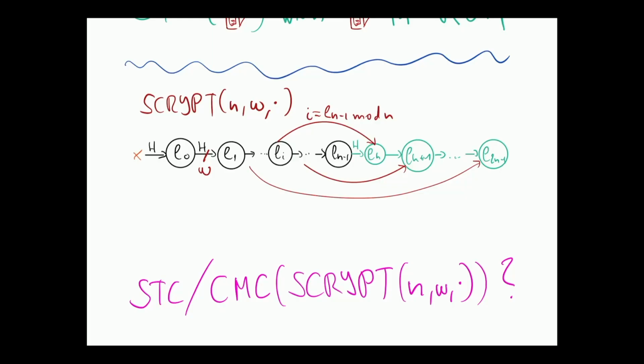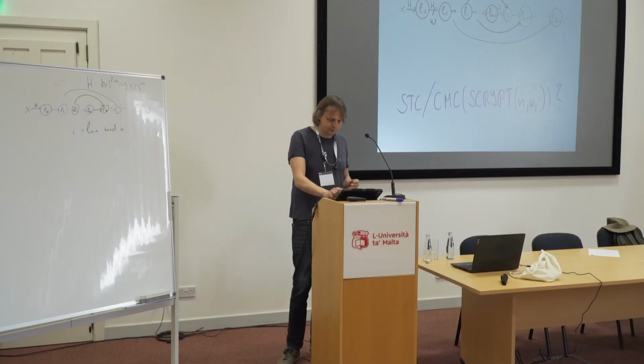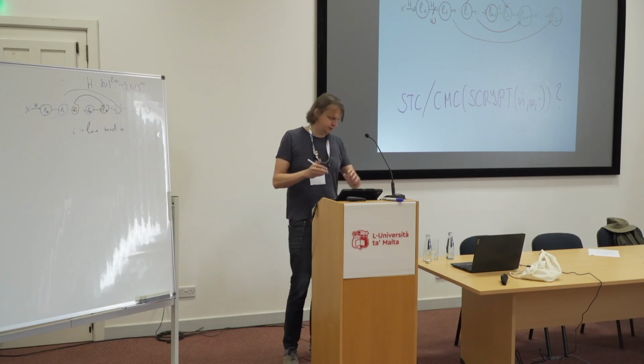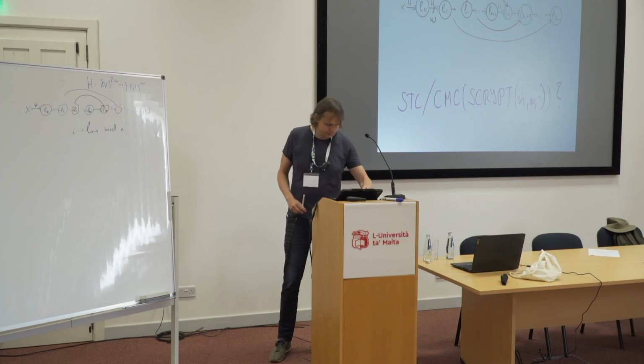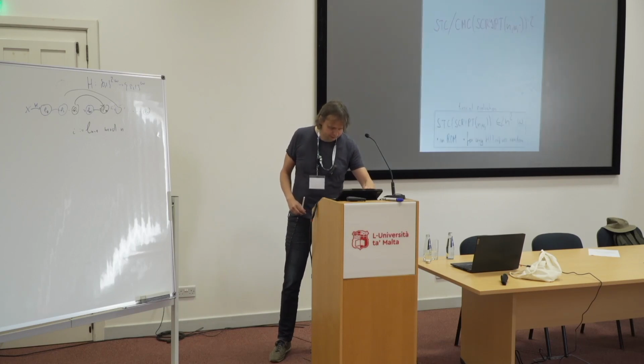Now, let's go back to our scrypt example to see what the complexities are there. And let me already tell you, we will not prove anything about scrypt because this would be beyond this talk. But I will just state the results, and then we actually go and construct stuff. Okay.